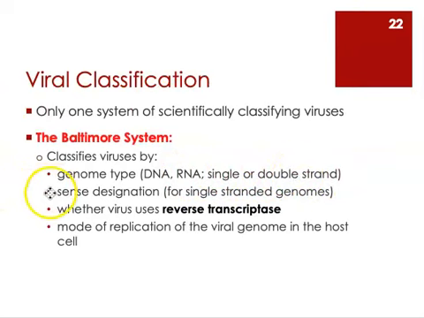Next, it gets classified according to what's called its sense designation. This relates to how the genetic material gets copied and whether it has a positive sense or a negative sense. This only refers to single-stranded pieces of genetic material.